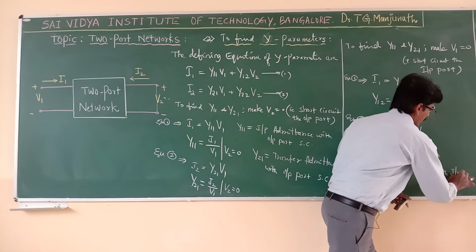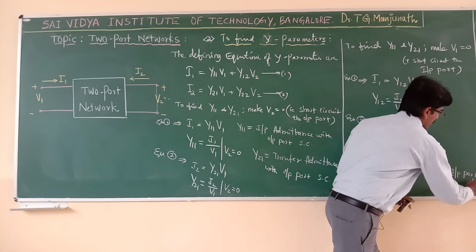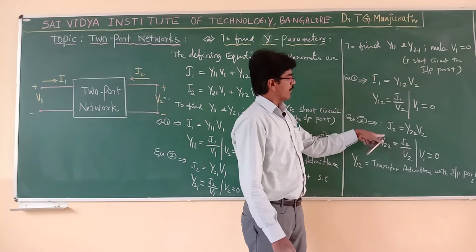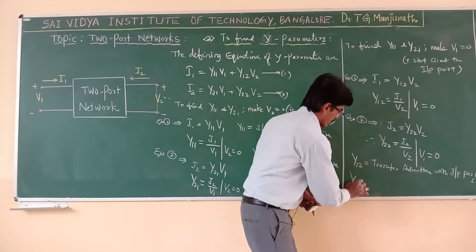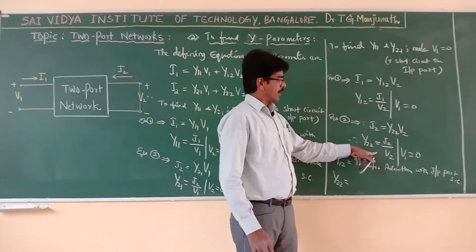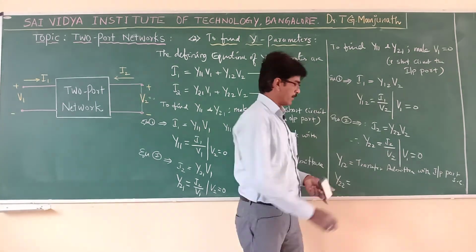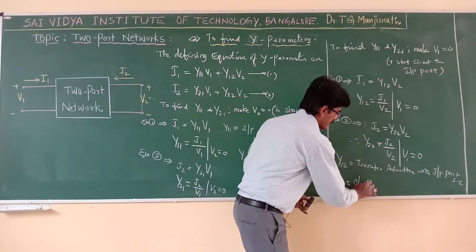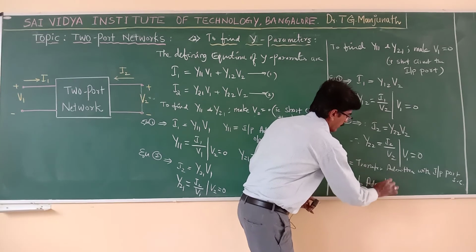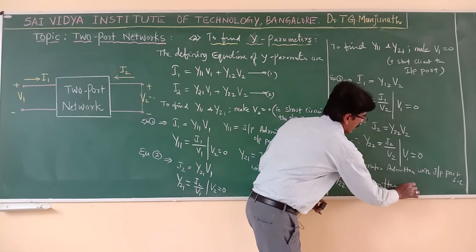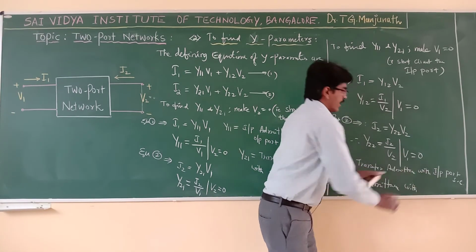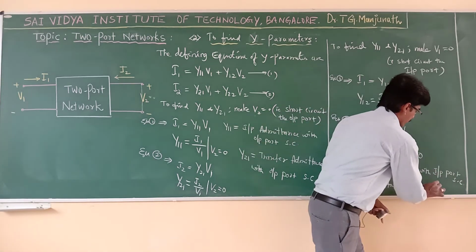What is Y22? This is output current by output voltage, means output admittance with input port short circuited, ditto.